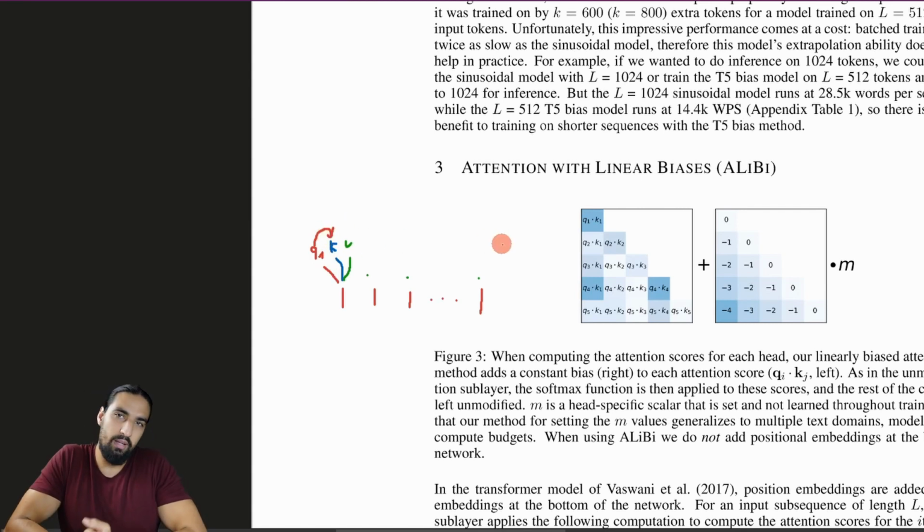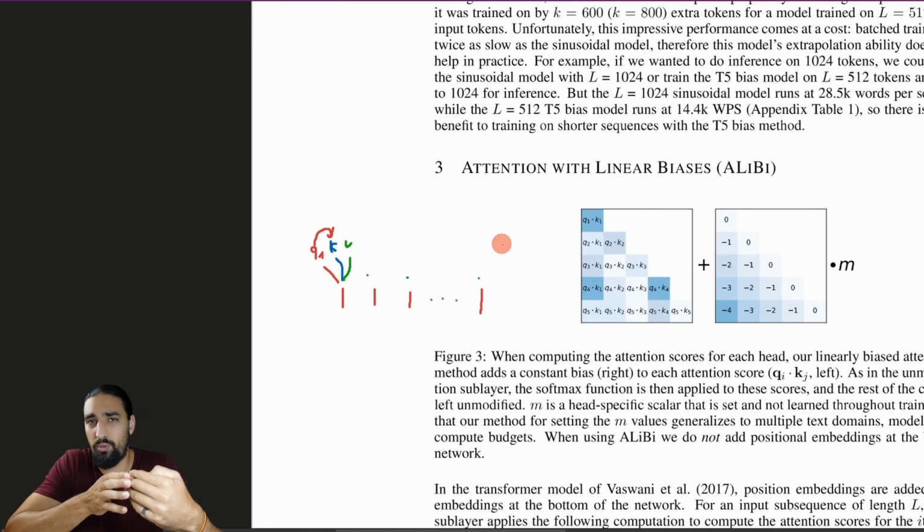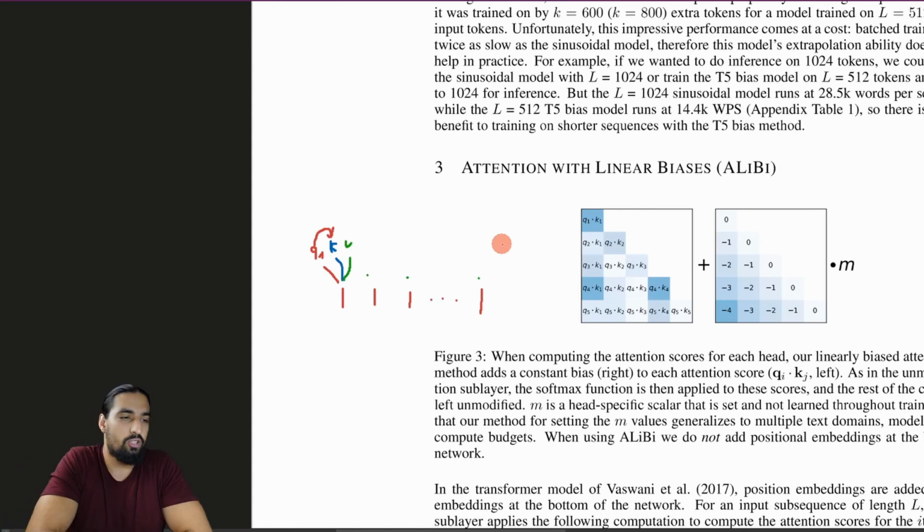And actually, because here we are dealing with language modeling, we have something called causal masking. That means you don't want to have access to the words that come in the future. So in the language modeling task, let's take query 3.